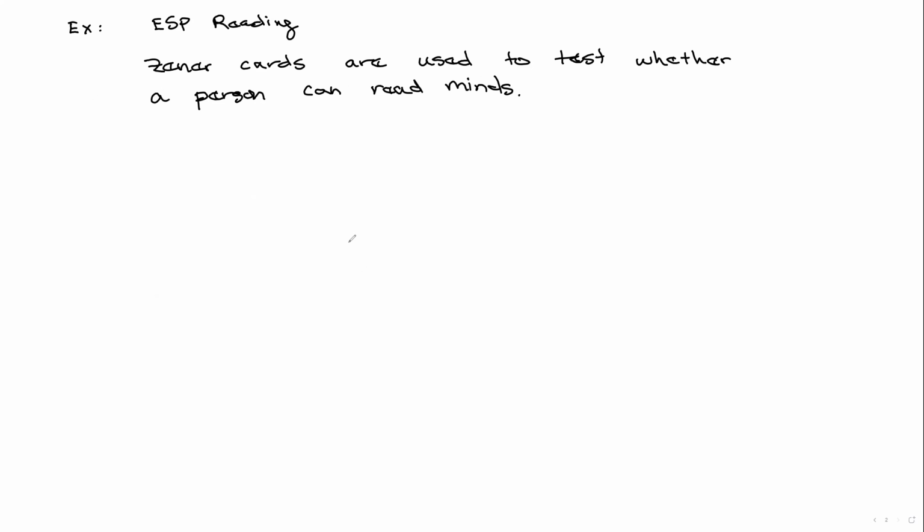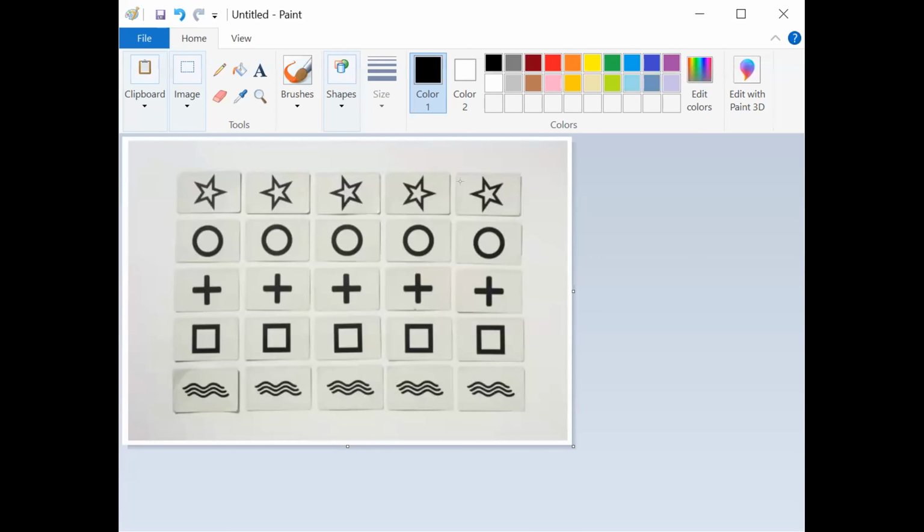I'll show you a picture from the text. There it is. These are Zener cards, and there are 5 different possibilities.